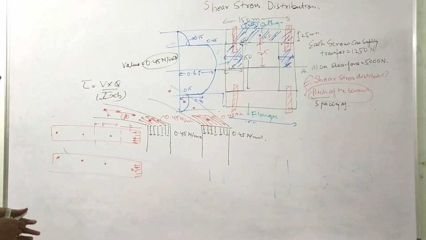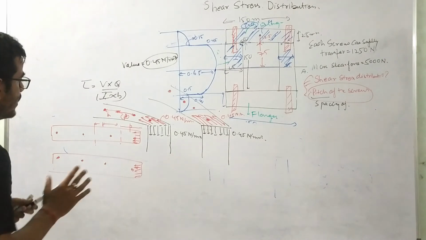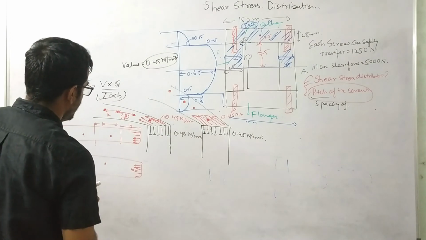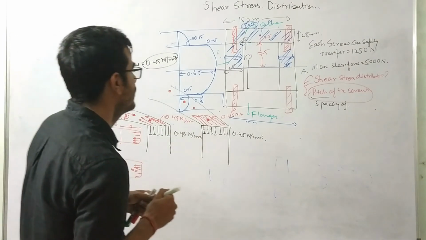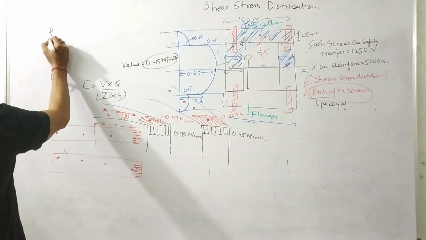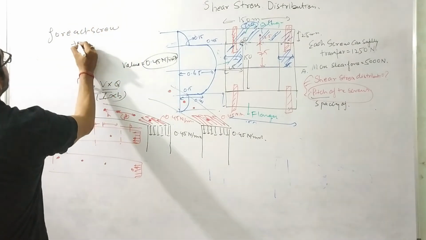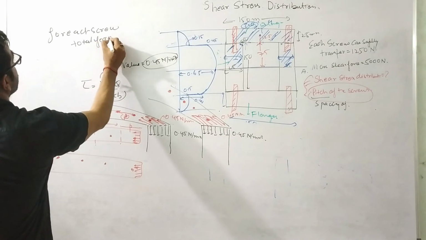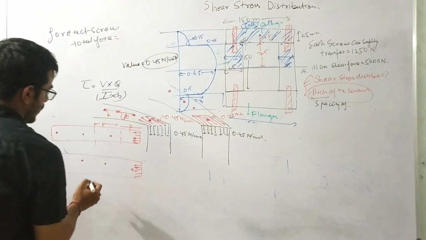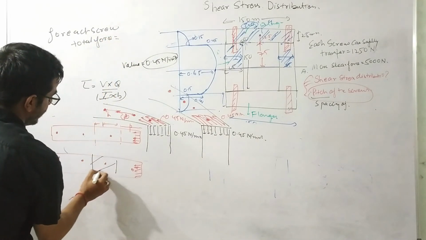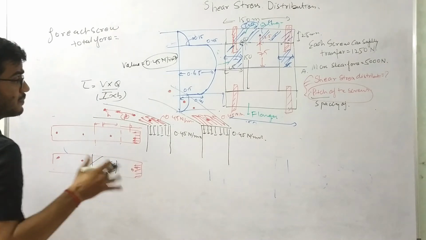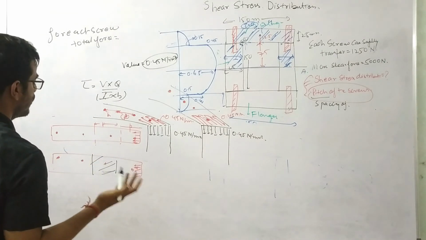So for each screw, what I can say is that the total force will be, this is basically a stress, so stress multiplied by area is what we will call the total force.